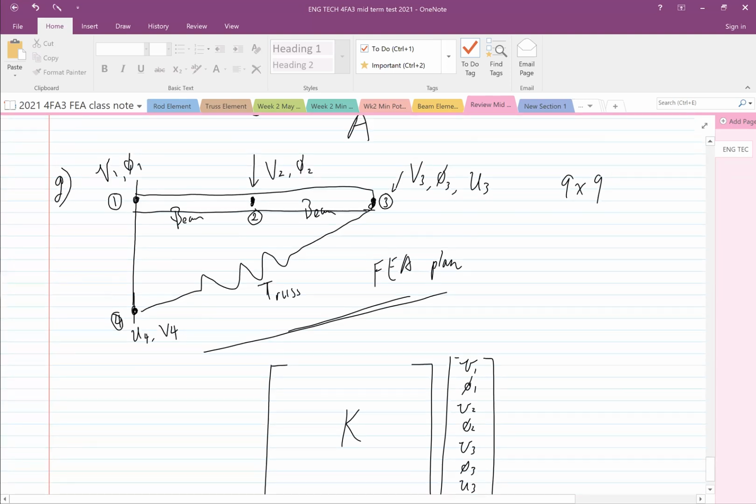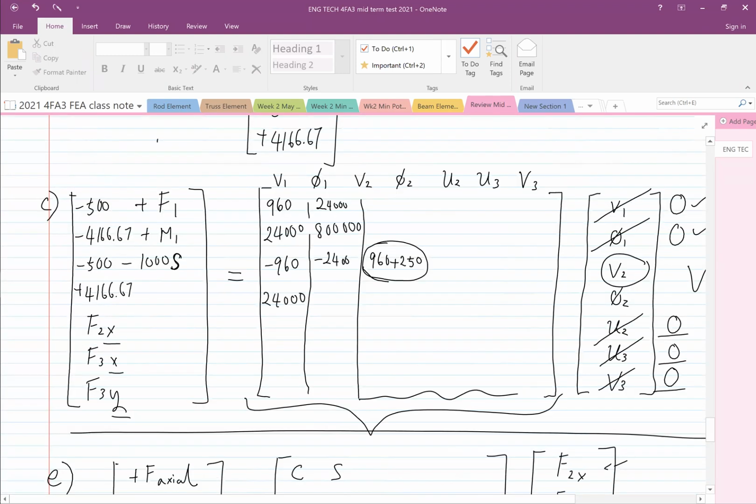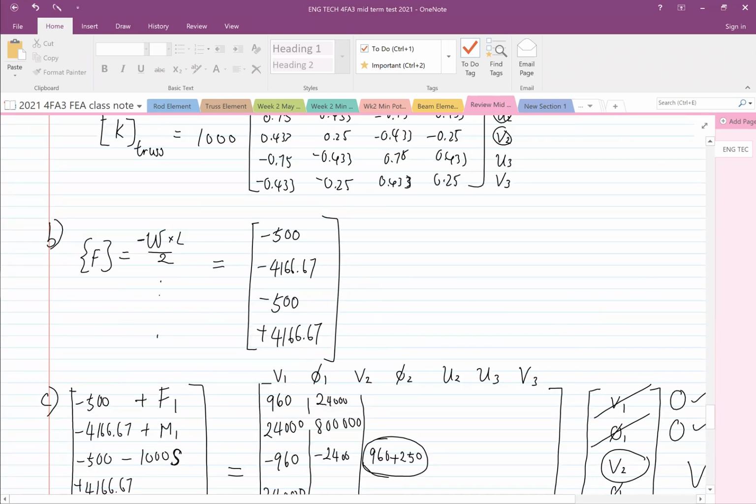Oh, but I forgot, there's a local applied force, right? So instead of a force, it is a negative. What was it before? This is negative 500, right?